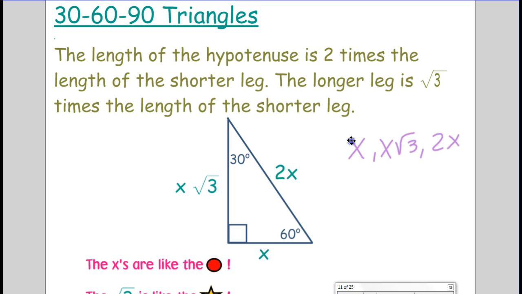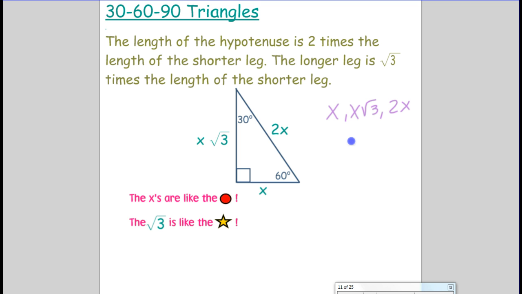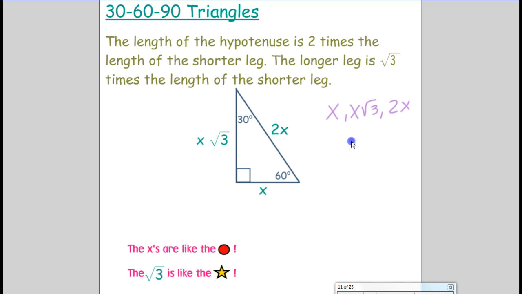We need to talk about which side is across from which angle, because that's really important. Which side in this triangle would be the shortest side? X. Good. The shortest side is always across from the 30.